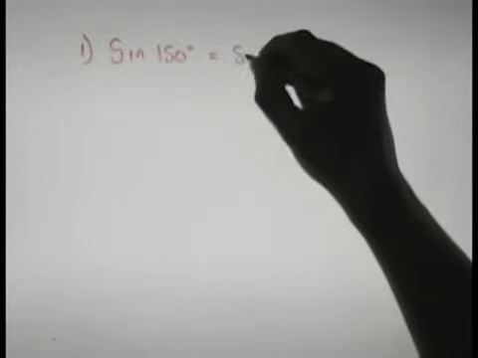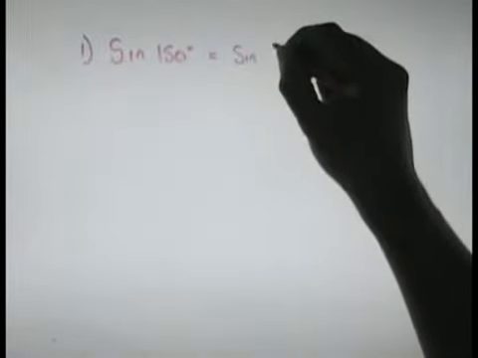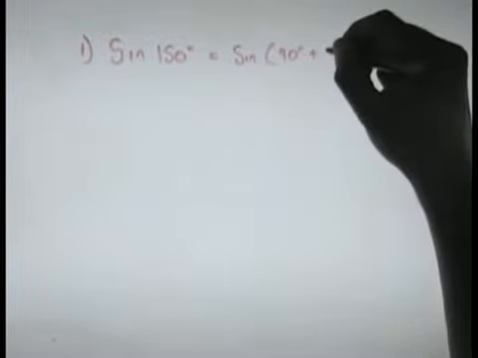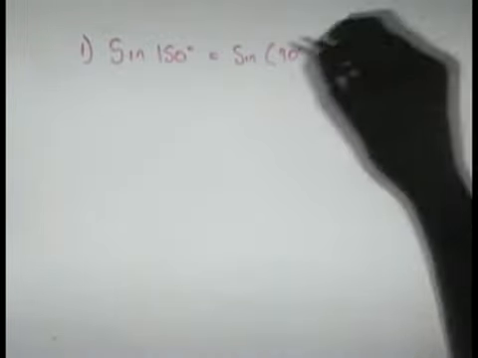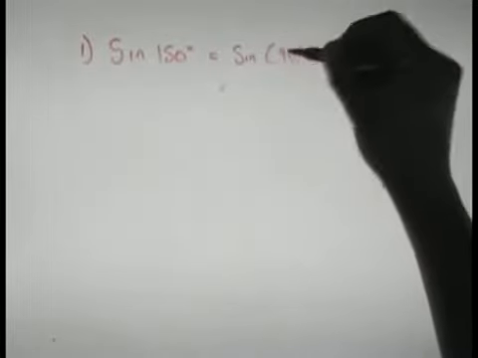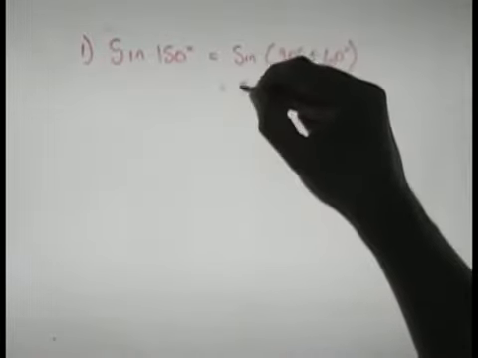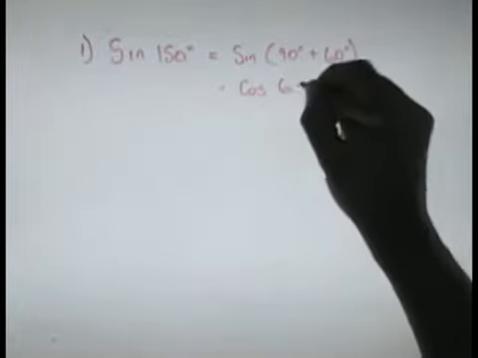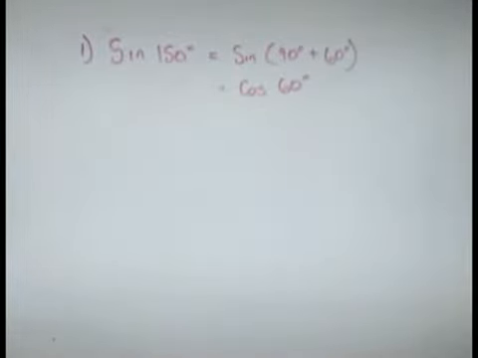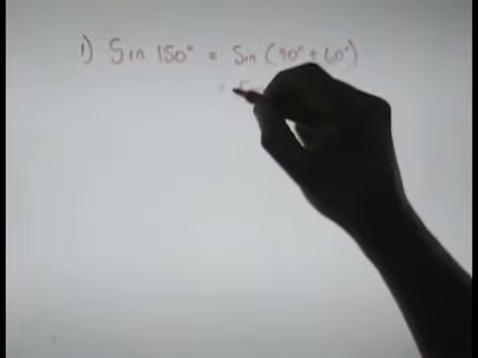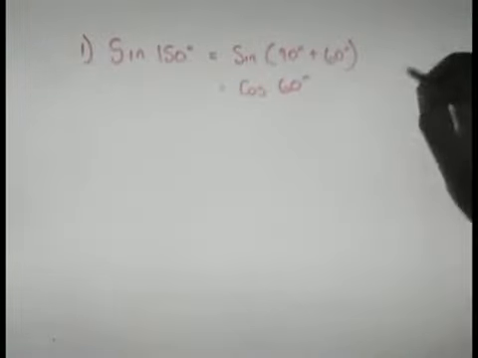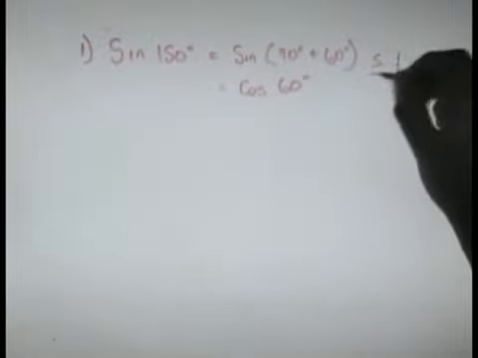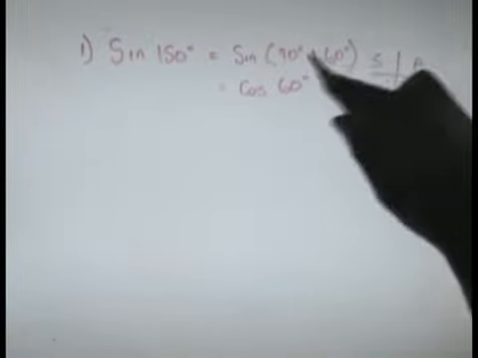Sine of 150 is exactly the same as sine of 90 degrees plus 60 degrees, which is equal to, now because it's 90 plus, sine becomes cos. That means we are looking for cos of 60 degrees. Positive cos of 60.